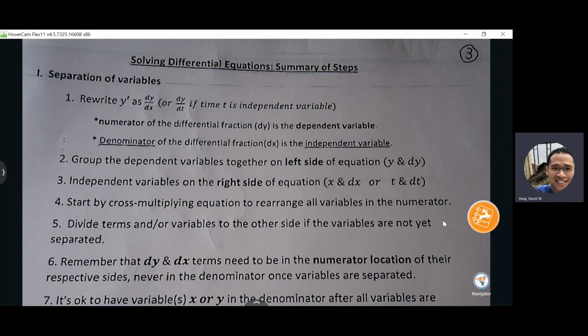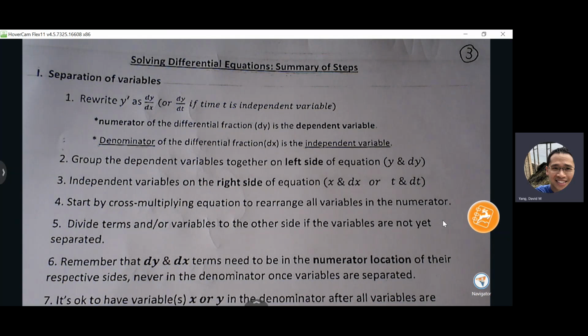If we cross multiply, we can get our dx and our dy in their right locations. And then once you cross multiply, we can divide if something is out of place. It's okay to have x's and y's in the denominator, but we definitely need dy's and dx's up in the numerator. And then we take the antiderivative of both sides.